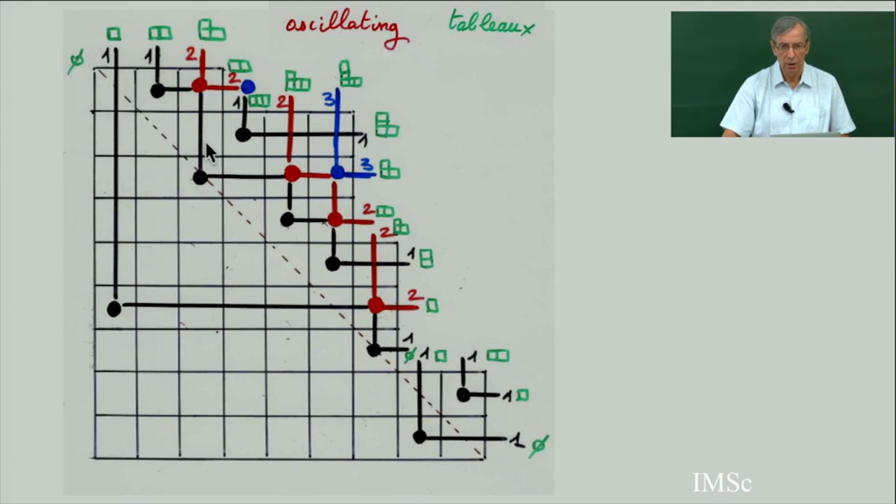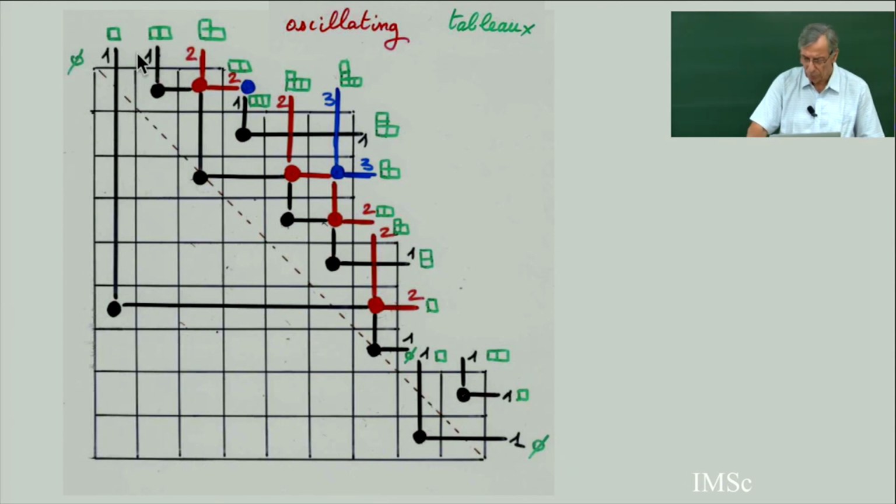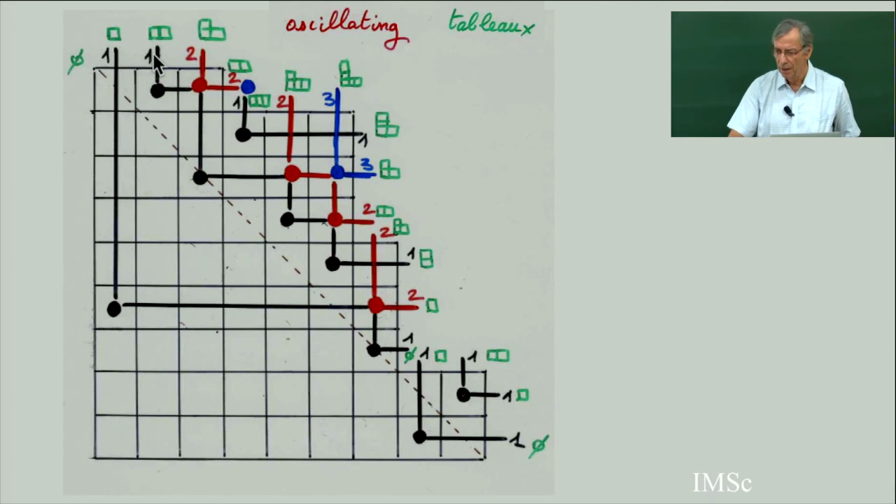But suppose there is exactly one rook in each row and column, which is the case here. In each column there is a black point, and in each row there is a black point. And then I claim that what I get is an oscillating tableau. Oscillating tableau means you start from the empty diagram, you finish with the empty diagram, and each time you go from one Ferrers diagram to another, you either add a cell or delete a cell.